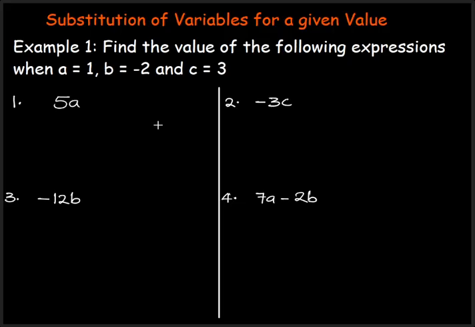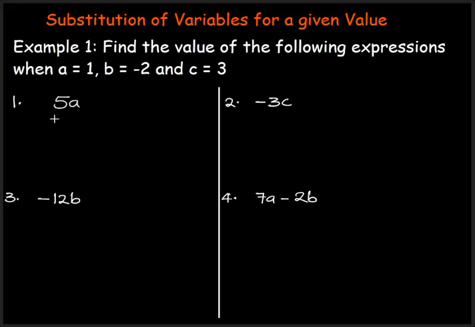Substitution means to replace. So that means where you see A, replace the A with 1. Where you see B, replace the B with -2. And where you see C, replace the C with 3. That is what substitution means. So we substitute the variables for a given value.